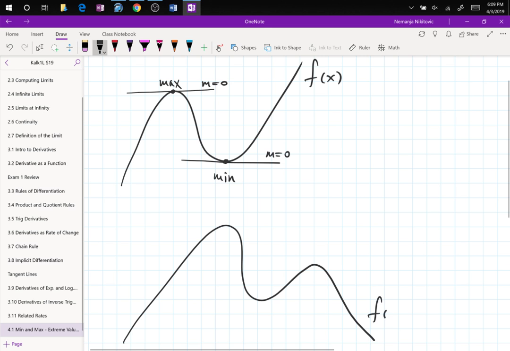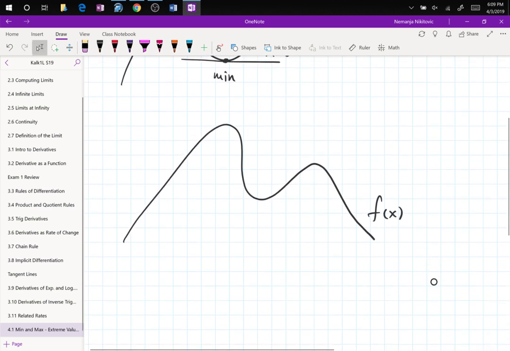Now this is my f of x. So we are going to have a horizontal tangency over here, horizontal tangency here, and horizontal tangency here. They all have slope of 0, which means they are producing these extreme values.